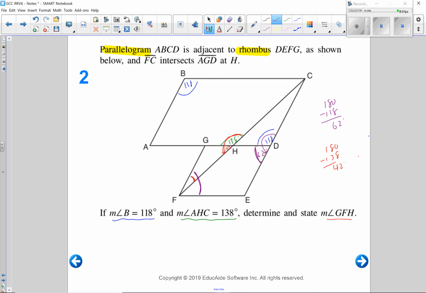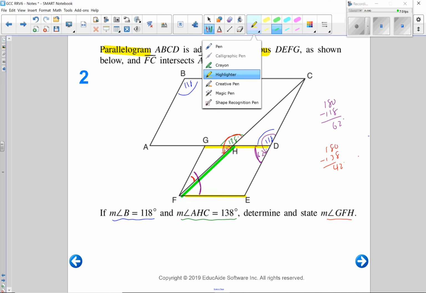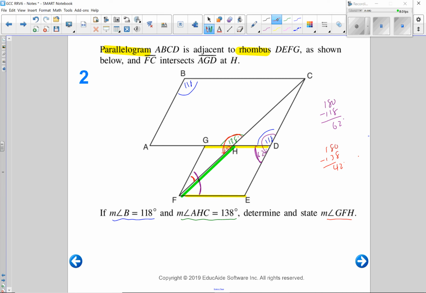And again, the reason that's important is because in a rhombus, we know that opposite sides are parallel. So now I know that this and this are parallel to each other. That would make this a transversal. So once I know that that's a transversal, I now can say that I have this Z-like shape. So if that's 42, this is also 42.